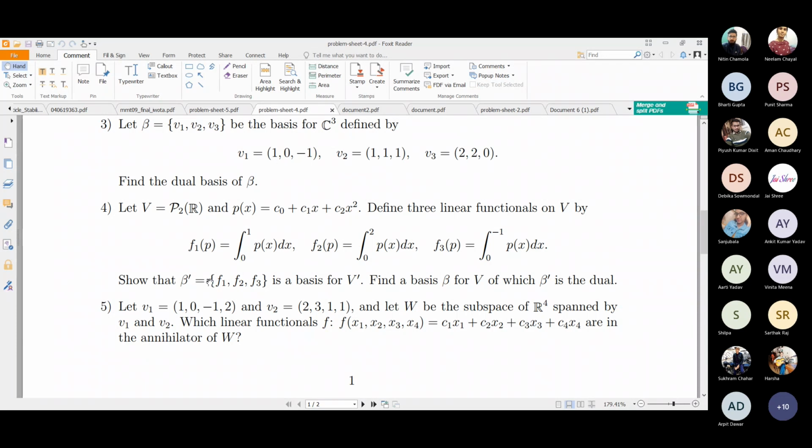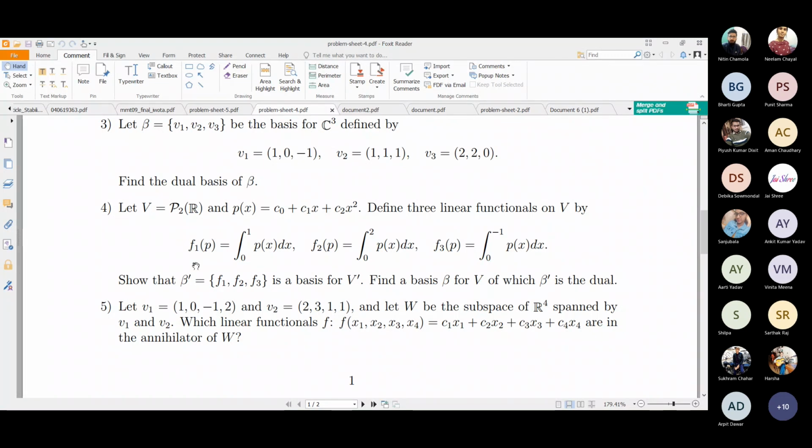So first of all, you have to show that this B dash, the set f1, f2, f3 that is given, forms a basis for V dash, where V dash is the dual space, and then you have to find a basis beta for this vector space P2R, such that the given basis for the dual space forms a dual basis. Okay, dual basis.